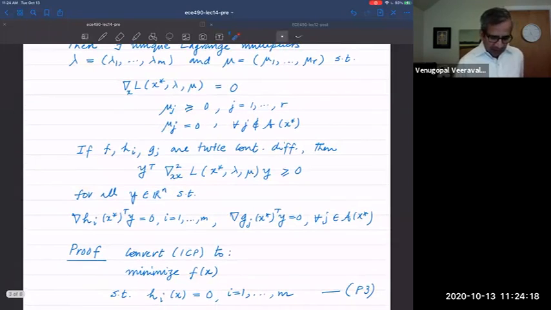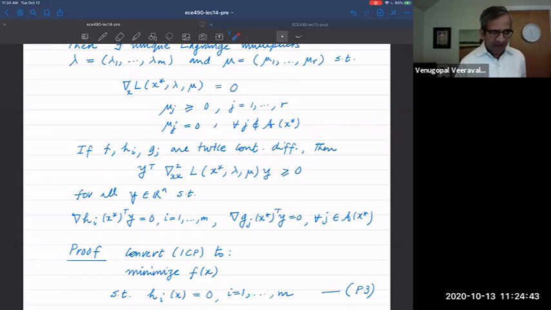Now, in addition, if these are twice continuously differentiable, then we also have the second order necessary condition. It's like a positive semi-definiteness condition, but only on the set of first order feasible directions.